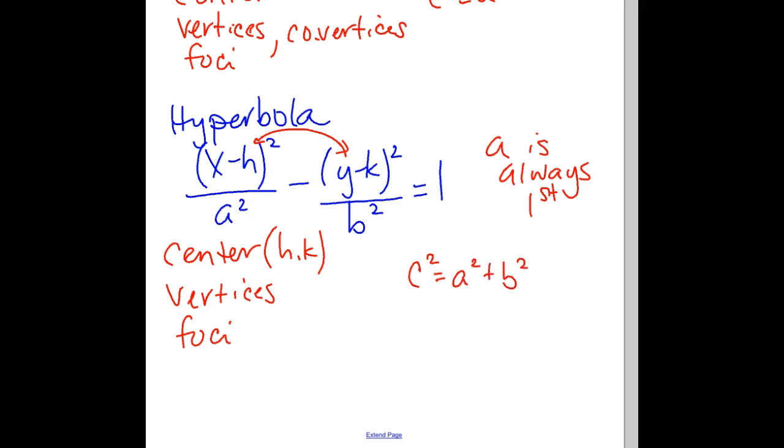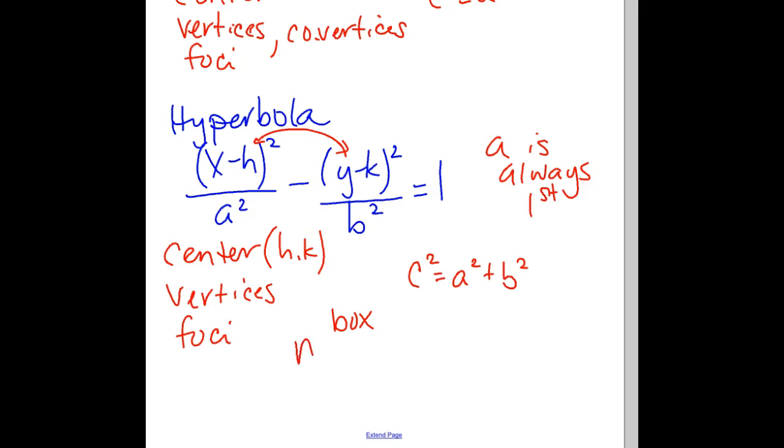okay. Now, do we label B? We draw it on our graph, but we don't call it anything, right? We don't give it a name because our graph doesn't actually touch it. B is there just to help us do what? Make that box. So I would expect to see the box drawn, right? Using your A's and B's. What else do we draw in?